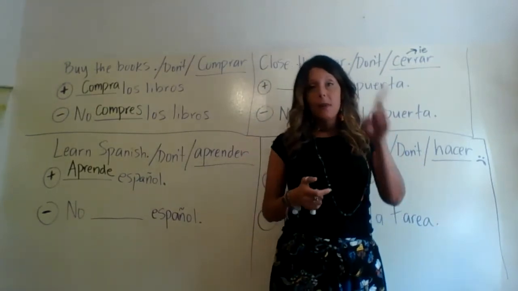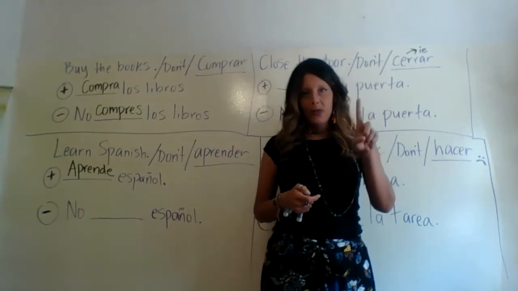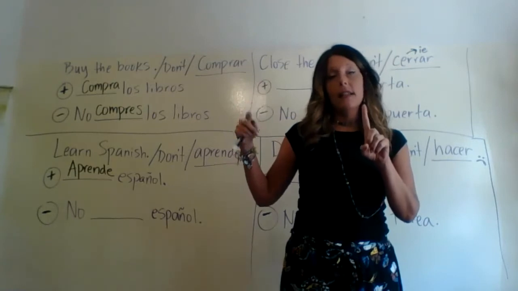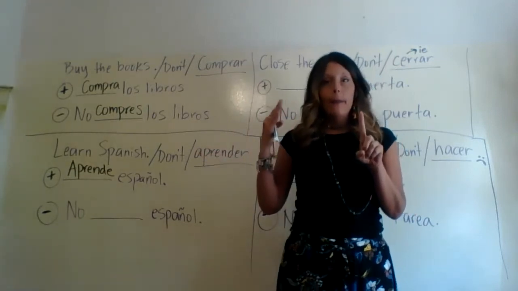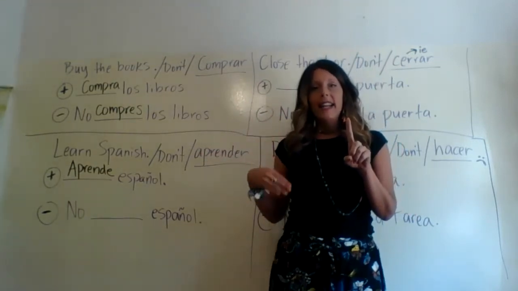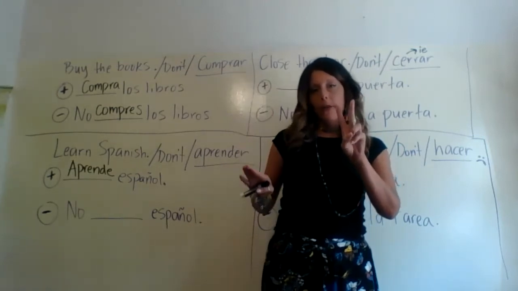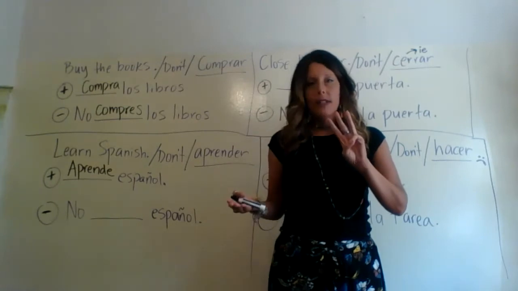So step number 1 of making a formal usted command is go back to the yo conjugation of the present tense, aprendo, A-P-R-E-N-D-O. Step 2, drop the O. Step 3, add opposite endings.